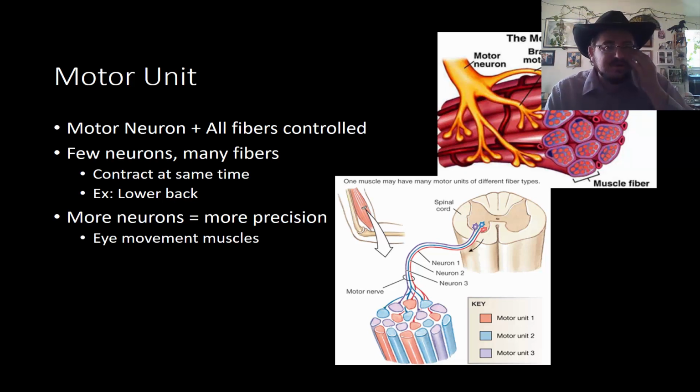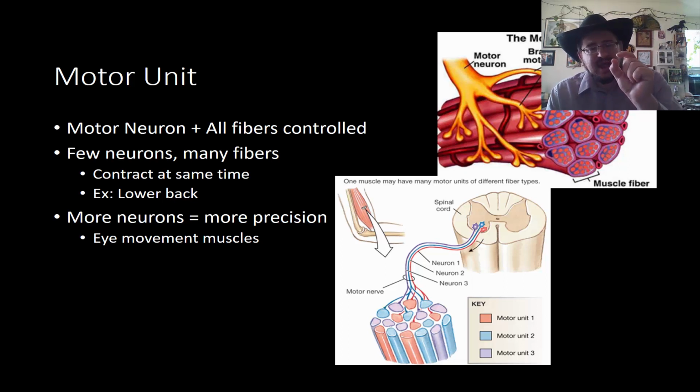So the muscles that control your eyes are very close to the one neuron, one fiber level. And so you have a lot of precise control over where you're looking, right? You can slowly sweep your eyes around, moving them ever so slightly.